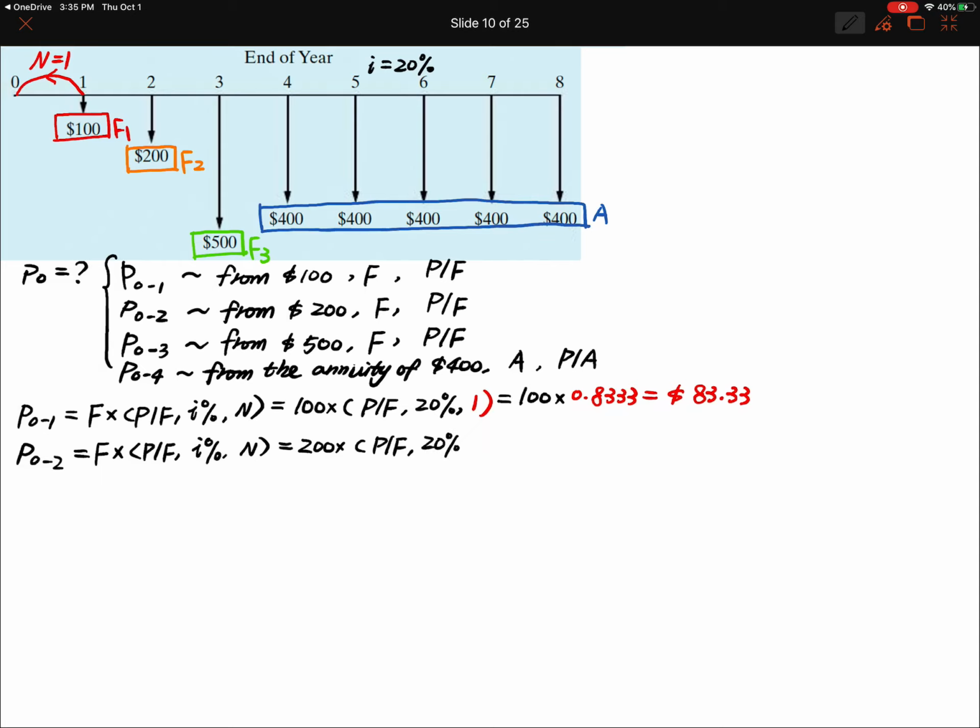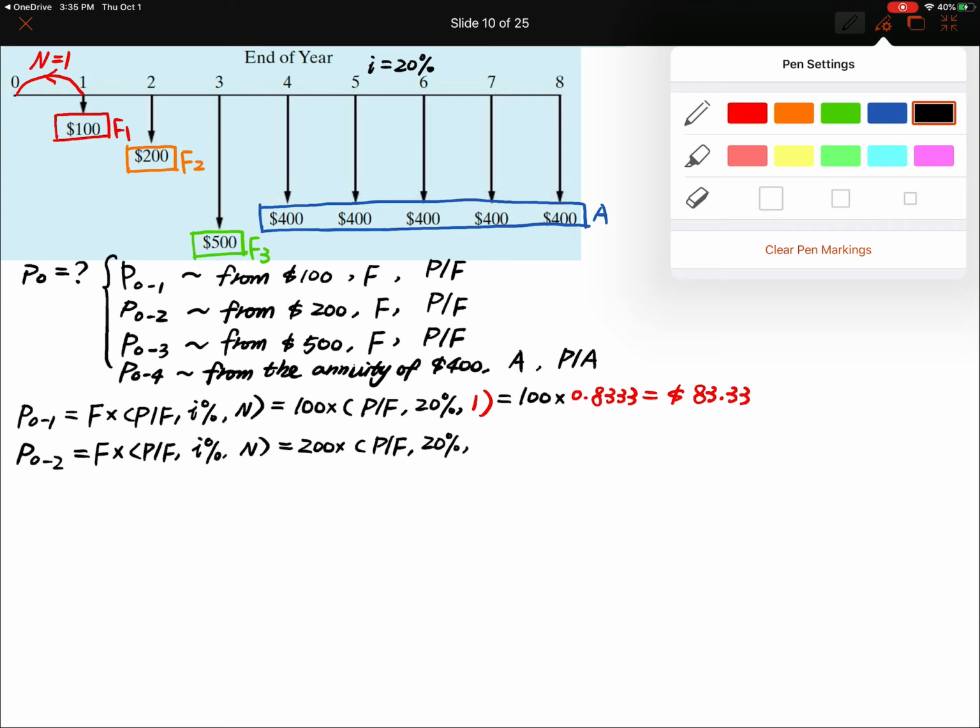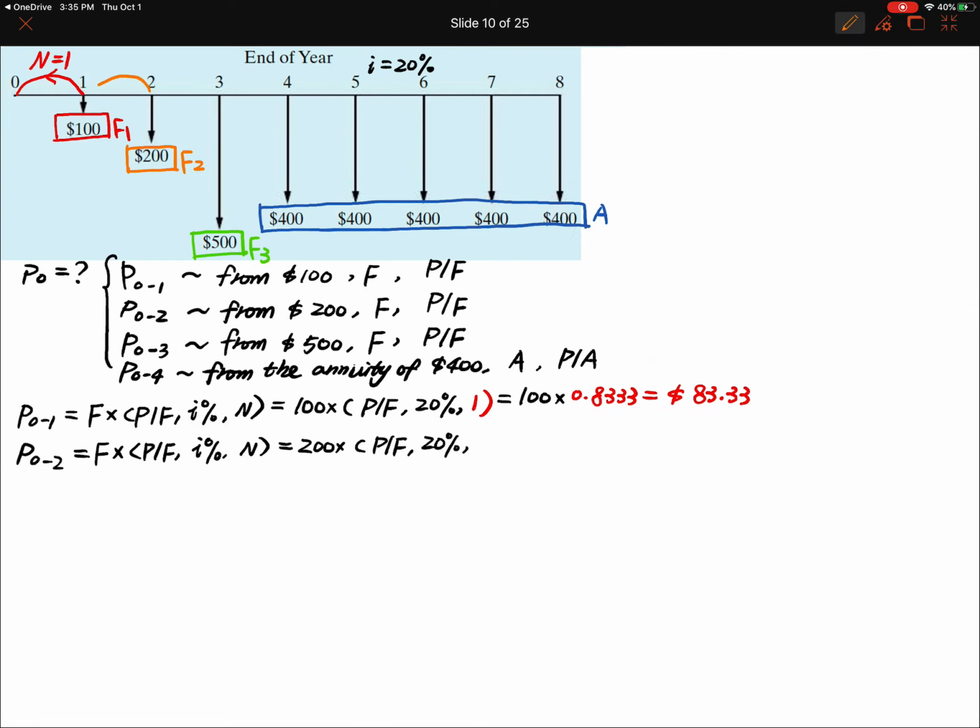Now it's 200, 20% the same. What is the n? Between time 2 to time 0, how many times you need to jump back? 1 and 2. So n is 2, okay? So now the n is 2.